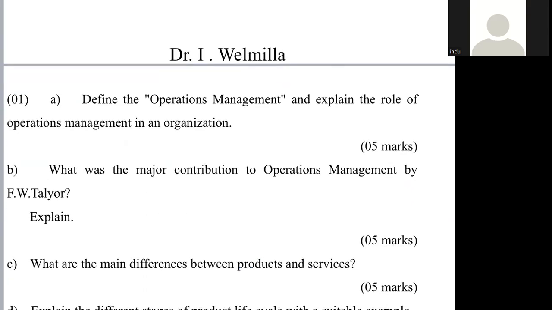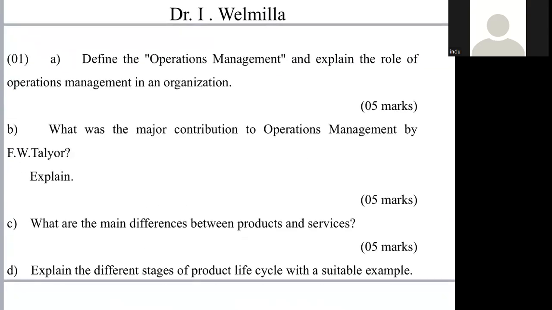The question is, what was the major contribution to operations management by F.W. Taylor? What was the major contribution of Taylor?